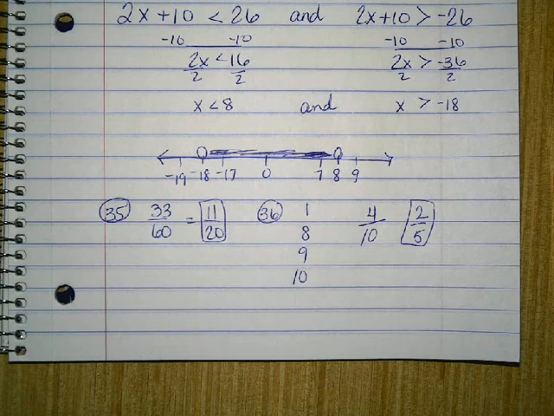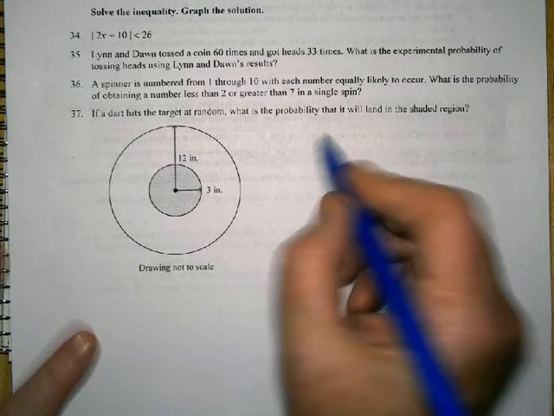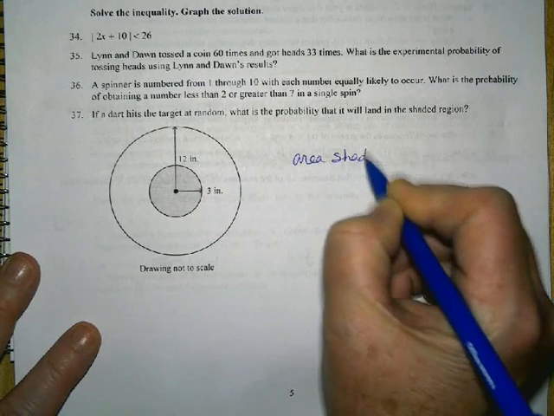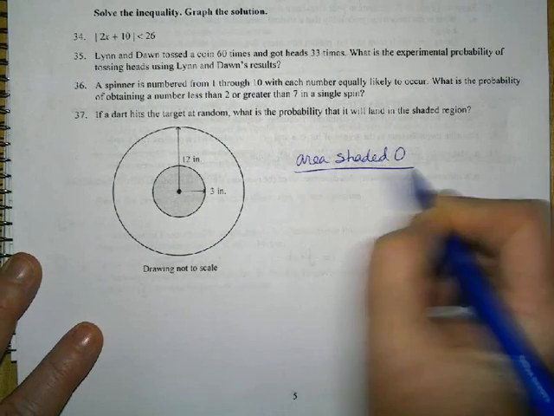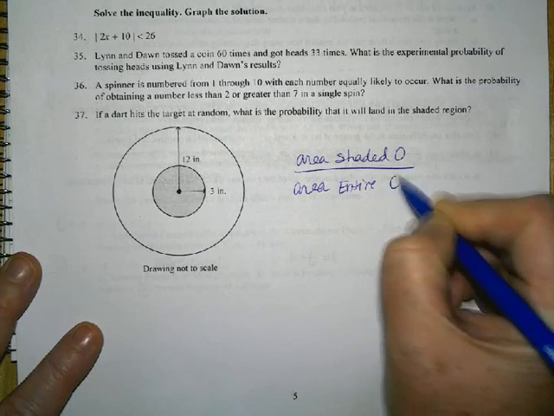The dart problem. If a dart hits the target at random, what is the probability it will land in the shaded region? You need to find the area of the shaded circle over the area of the entire circle. So write area of shaded circle over area of entire circle.